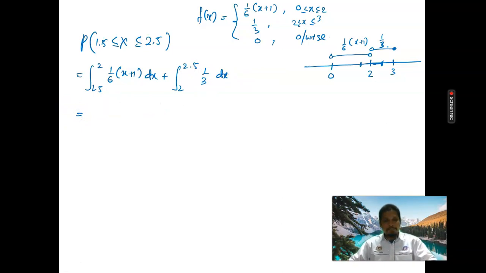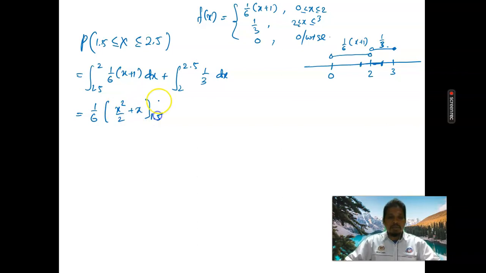So then it is 1 over 6 times x squared over 2 plus x, from 1.5 until 2, plus 1 over 3, take it outside, so only 1 is left here. The integral of 1 with respect to x gives an x, from 2 until 2.5.